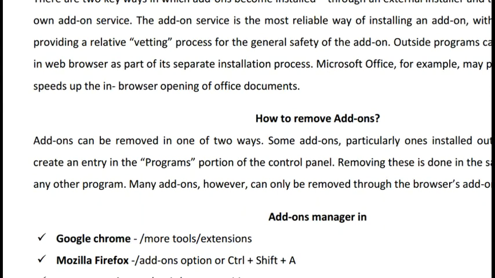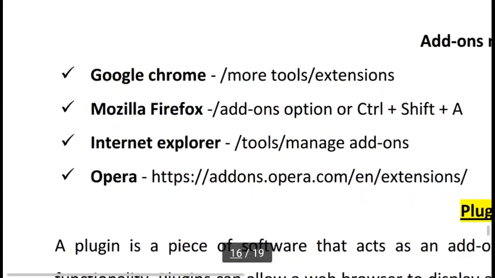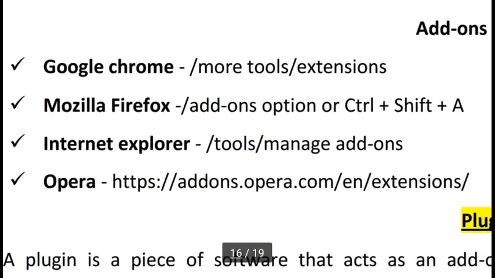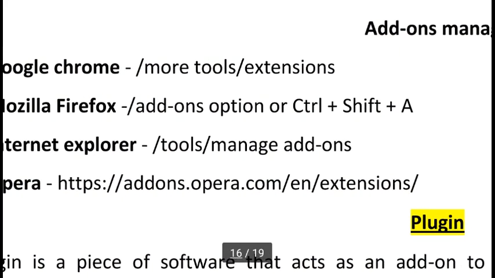remove these add-ons. You can see the add-ons manager location in different web browsers. In Google Chrome, you can see More tools and Extensions. In this location you can see the add-ons. In Mozilla Firefox, go to the add-ons portion, or we can use Ctrl+Shift+A.